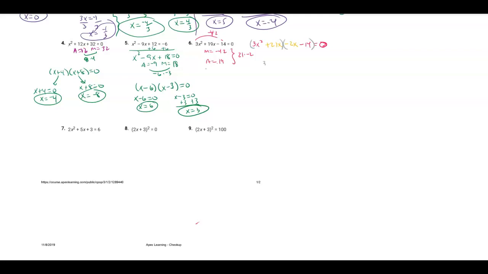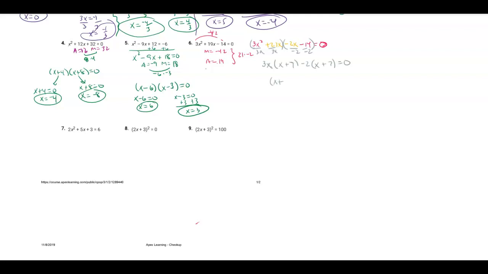The greatest common factor here is 3x, and when I divide these by 3x, I get x plus 7. The GCF here is negative 2, so I pull out the minus 2 times, negative 2x divided by negative 2 is x plus 7, all equal to 0.